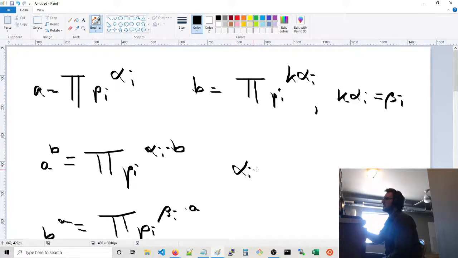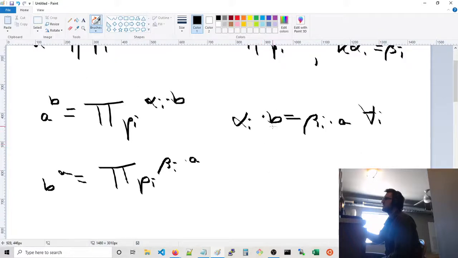You have to have alpha i times b equals beta i times a for all i. Maybe you could. a over b gives you alpha i over beta i, which is some constant k.